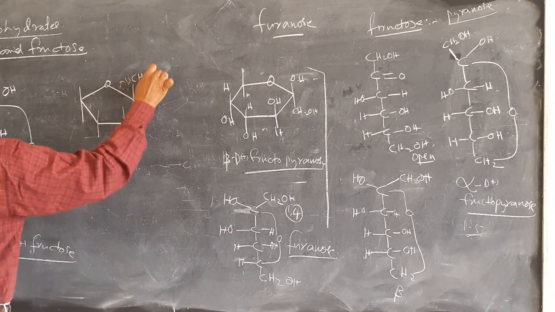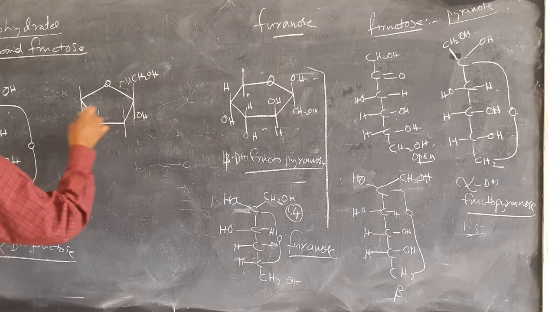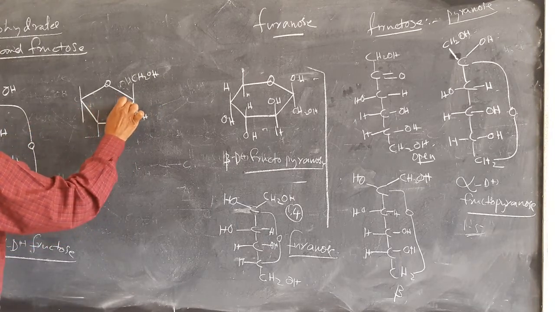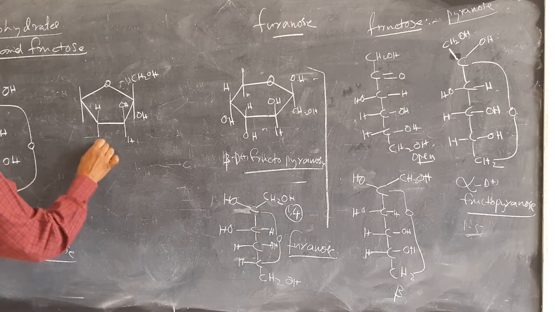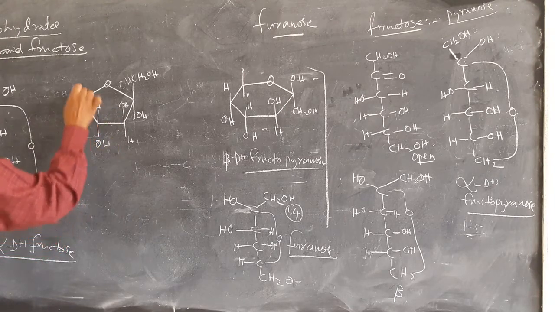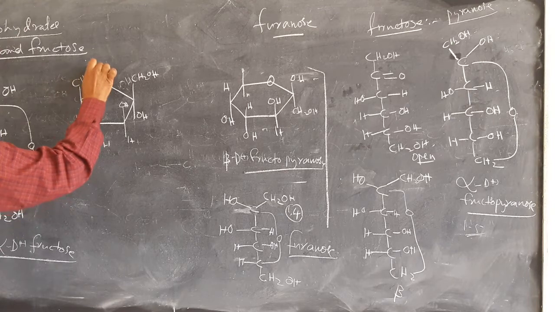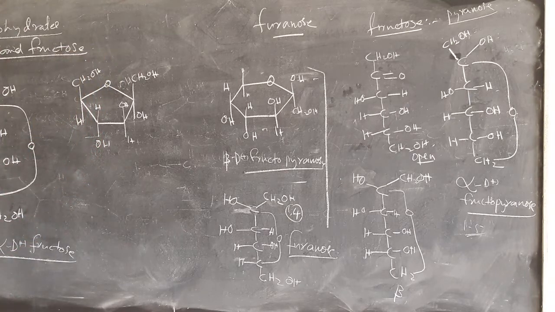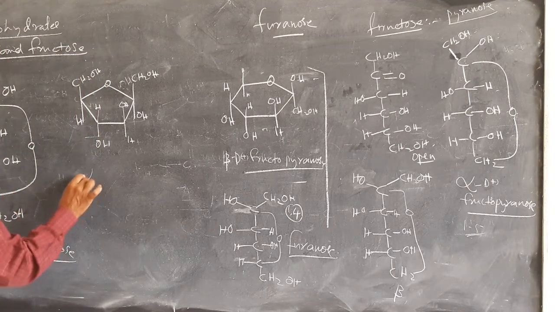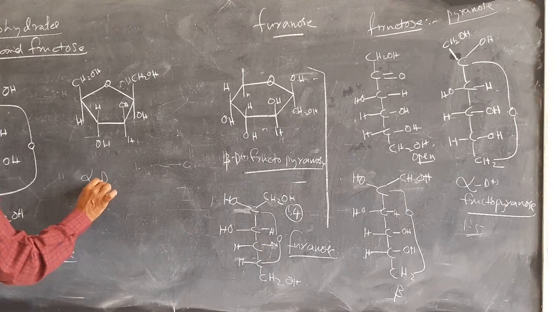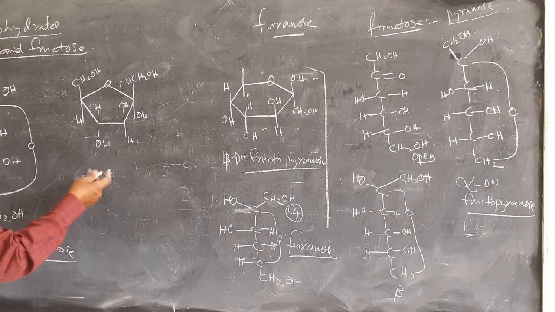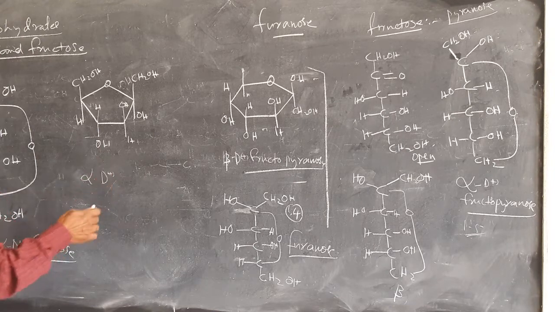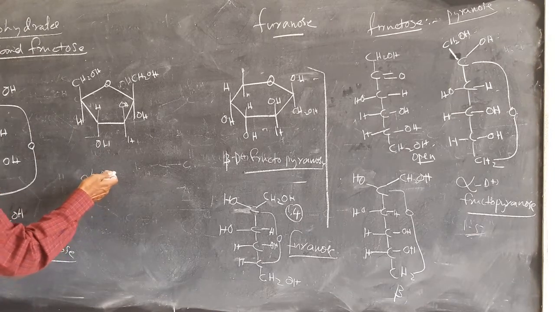CH2OH at the top and OH down, and this is OH and H, and this is H and this is OH, and the last one H and CH2OH. This compound you can name as alpha D plus or minus, whatever it may be. Fructose depends upon the property of that. Sometimes it will become minus also.